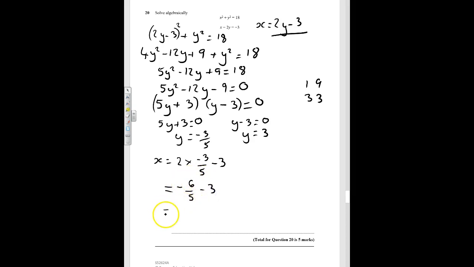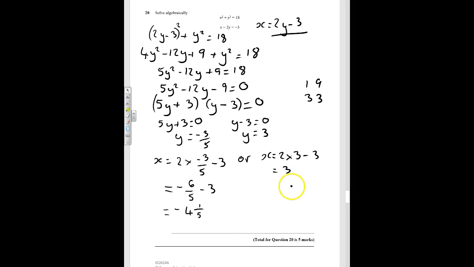So actually that is minus 4, that's 1 and 1/5, so minus 4 and 1/5, or if y is 3, we've got x is equal to 2 times 3 minus 3, so that is 6, 3.